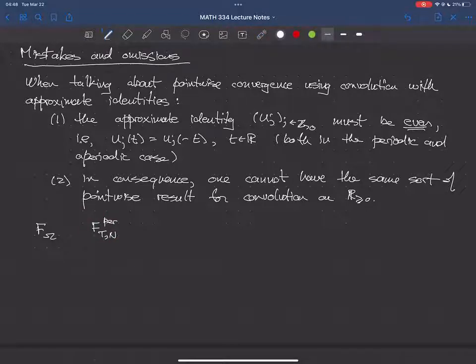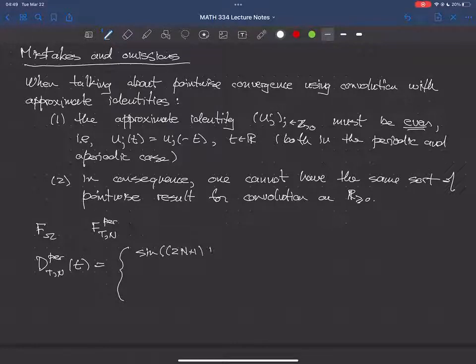So I am going to write that one down again. Here's the formula for it. What I didn't do and should have done was talk about the aperiodic Dirichlet kernel, because that's interesting as well. I almost talked about it, but not quite.